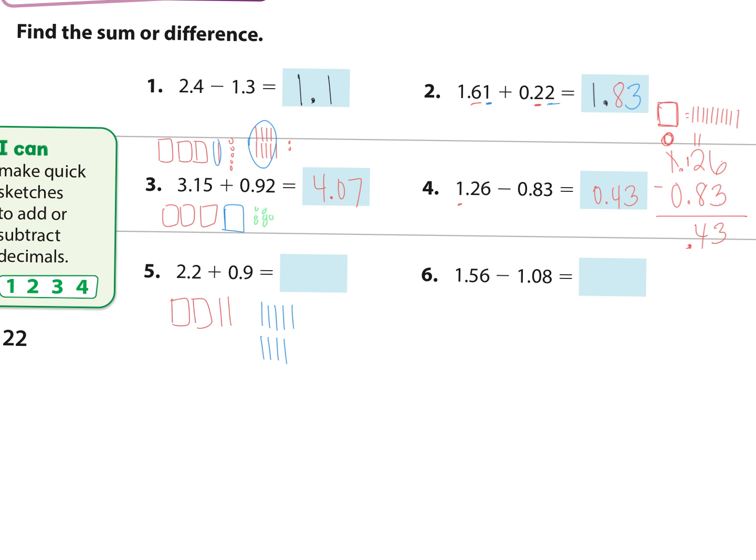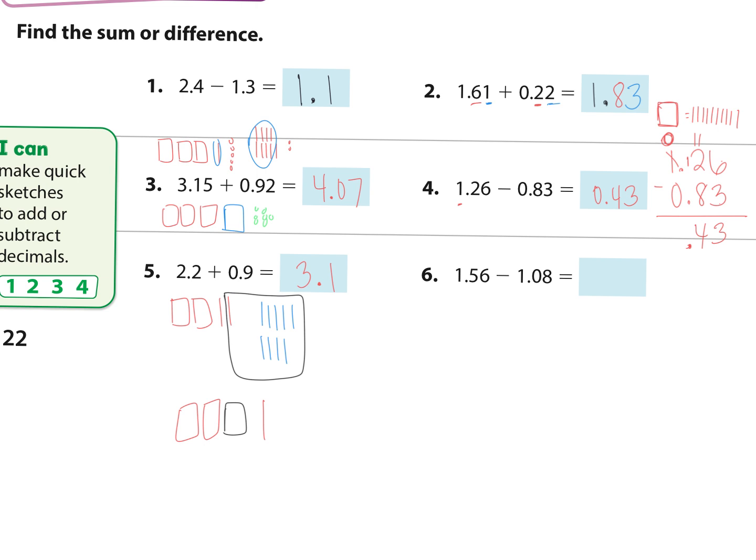And then I'm going to have to combine. I've got to do the regrouping to combine all of that together. So I have these 9 plus the 1 creates an extra flat. So I now have the 2 that I originally had plus the new 1 flat and 1 rod. So my final answer should be 3 and 1/10.